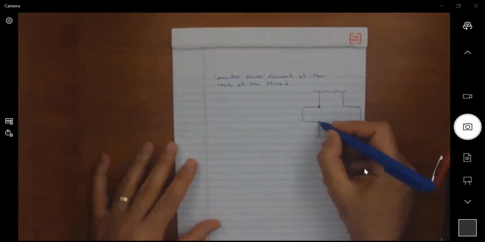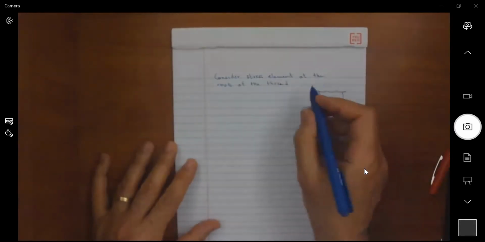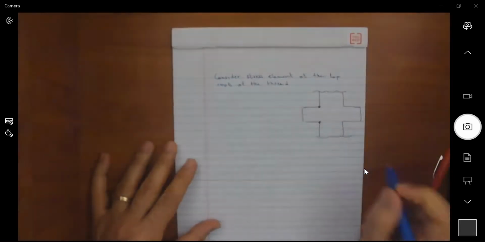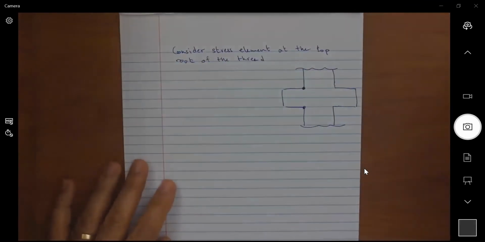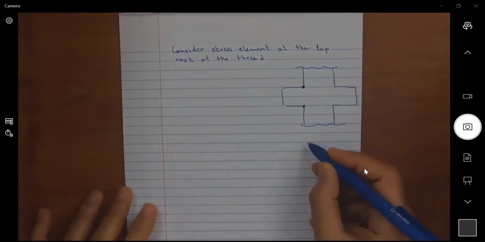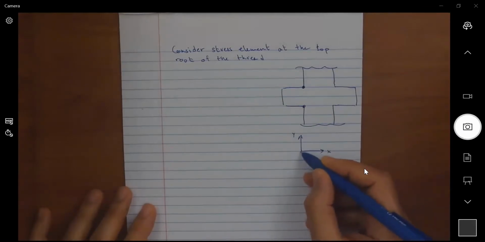So I have a root here and a root here. So we'll be looking at the top root of the thread, basically the one that is in tension. Again, this is my x direction, y direction, and of course z would be out of the plane.